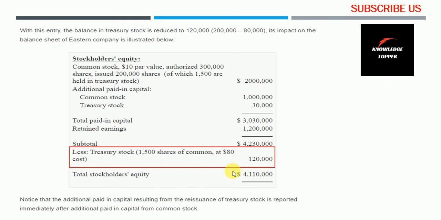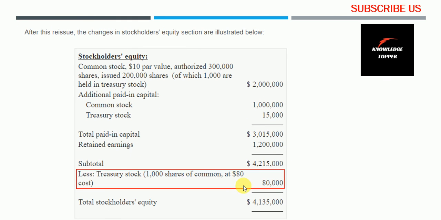So we record that 80,000. And our additional paid in capital is 15,000 in our third scenario. We record it just after the common stock, in the additional paid in capital section: first the additional paid in capital in terms of common stock, and then the additional paid in capital in terms of treasury stock.